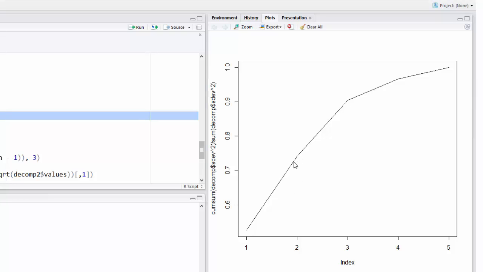Two principal components, so that's including the first and the second principal component, explains over 70% of the variation. Three principal components almost explains 90% of the variation. Four explains close to 100%, and then five explains 100% because five at that point is just a reorganization of the matrix X.